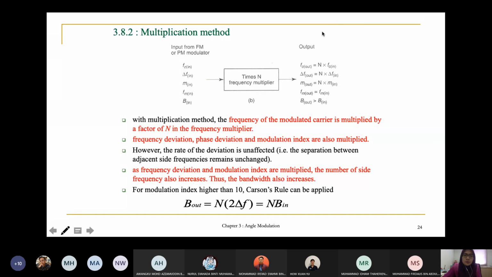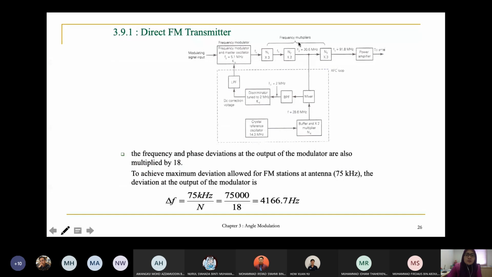Okay, so remember, for the multiplication process, the parameter that is affected is FC, delta F, M, and also B. But the parameter that needs to be multiplied by the multiplier N is FC, delta F, and the modulation index M. That is why it is stated here that the frequency and phase deviation at the output of the modulator are also multiplied with 18.